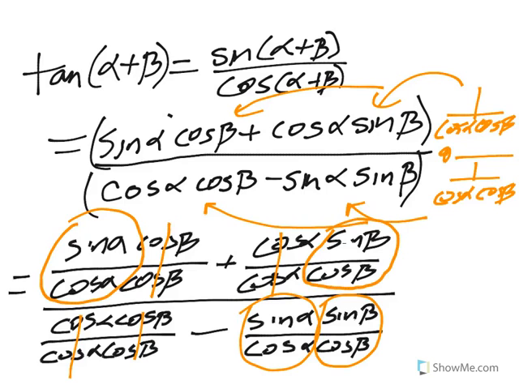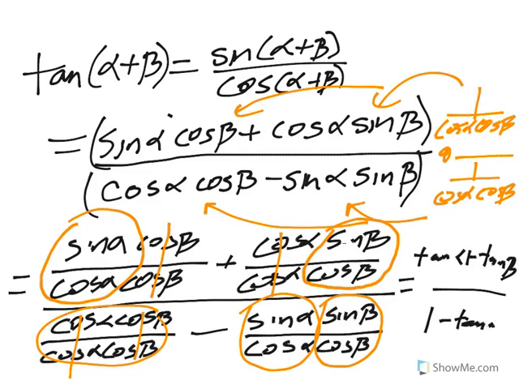So wow. Okay, so this one here, that's just 1. So I've got tangent alpha plus tangent beta on the top, and then just 1 minus tangent alpha times tangent beta. So that was a god-awful mess. I will write it over here.